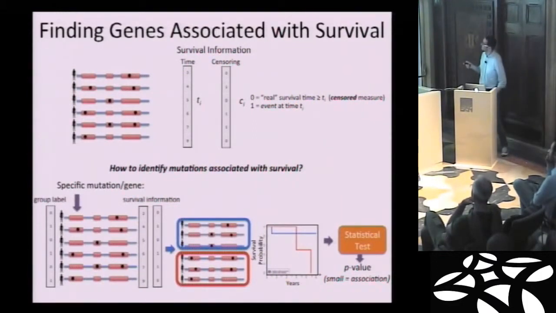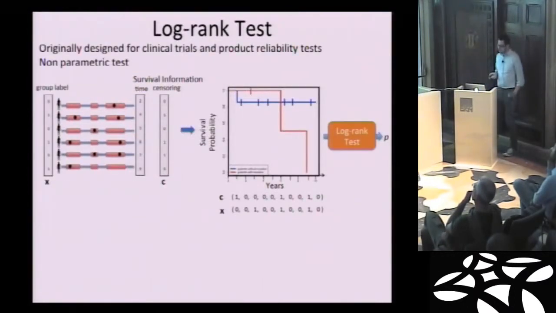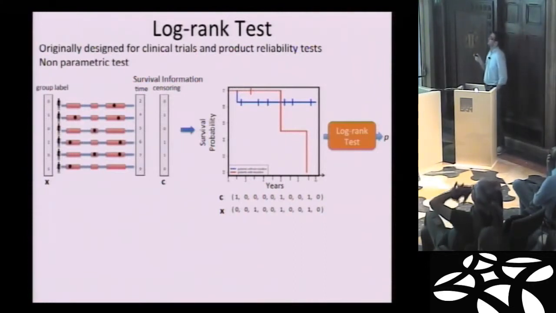Now let's expand a bit more on the statistical test that we can use. One of the statistical tests that has been proposed in the field of survival analysis is the log-rank test. It is one of the most widely used tests for statistical data analysis, and it was originally designed for clinical trials.